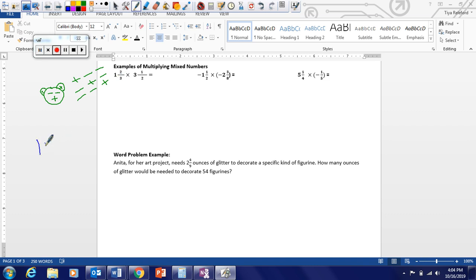So we are going to Texas my mixed numbers. 3 times 1 is 3, plus 2 is 5. Two times 3 is 6. 6 plus 1 is 7.